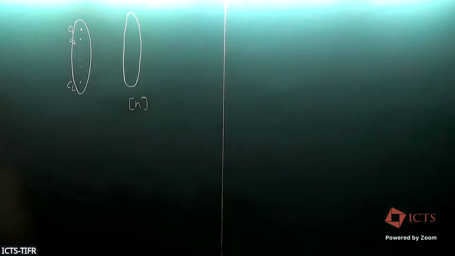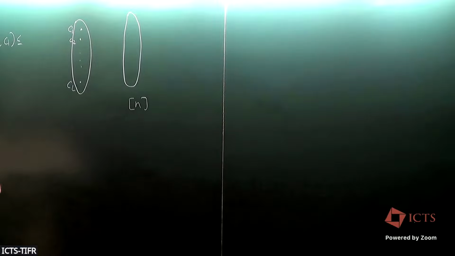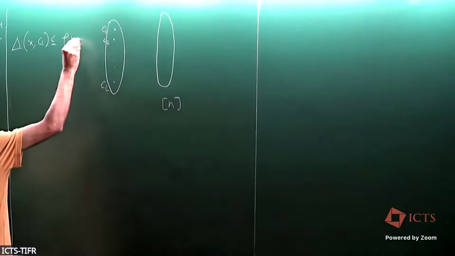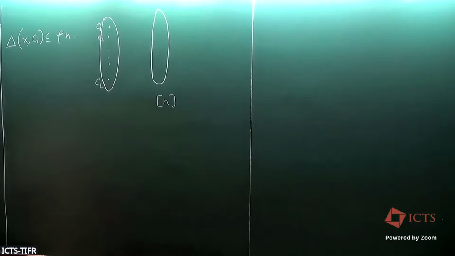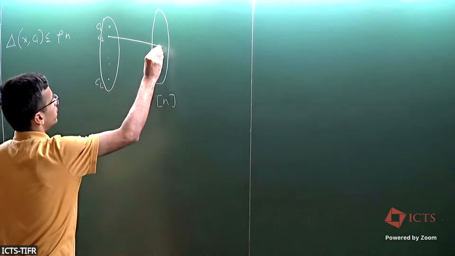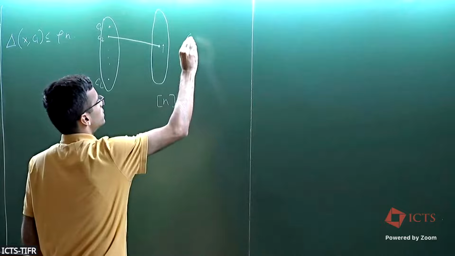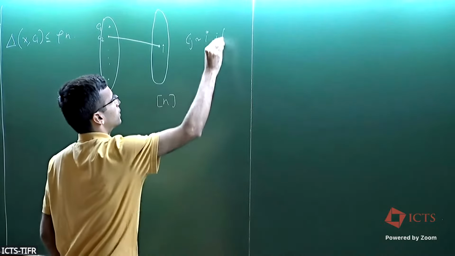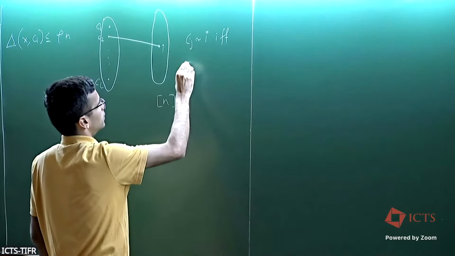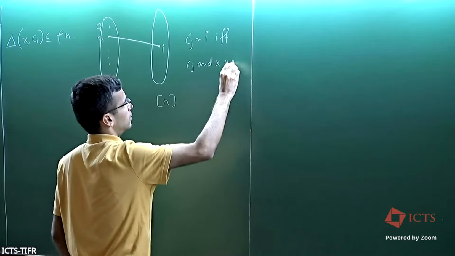So the distance of X from any of the CIs is at most rho times n. Okay, and we will add an edge between a Cj and a coordinate I. So Cj is adjacent to I if Cj and X agree on I.